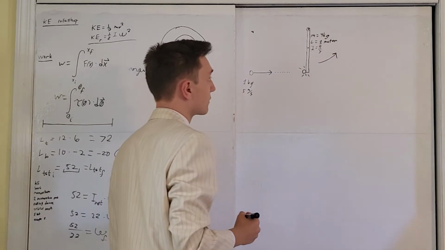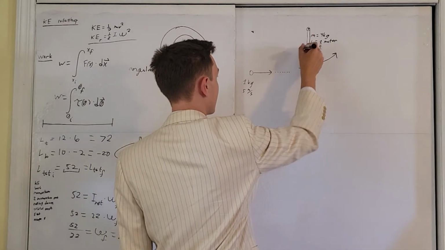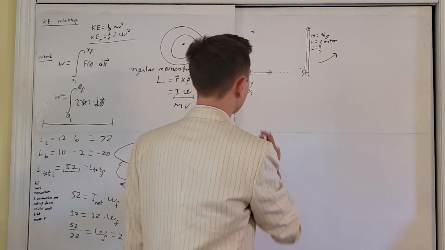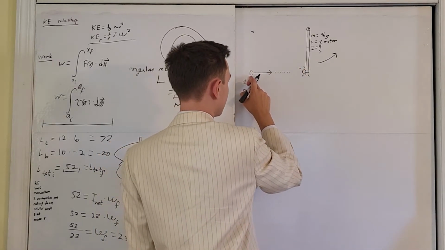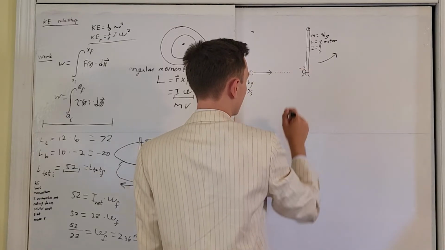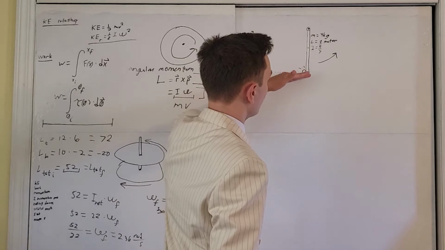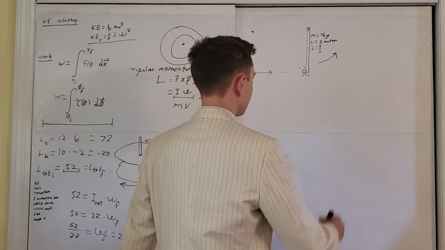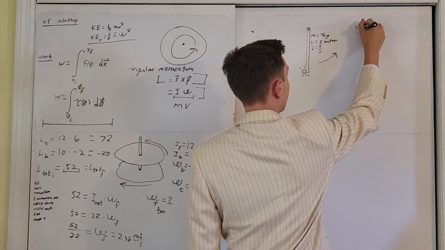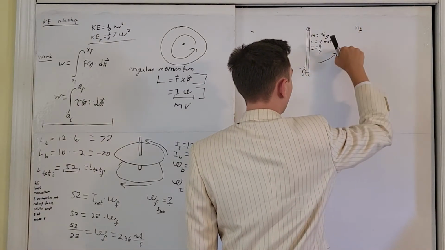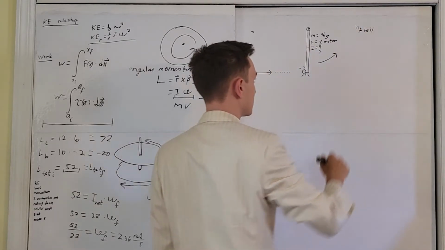You are given that it is a rod of uniform density, meaning that the center of mass of the rod is directly in the center, and that the rod is stationary, meaning that this small ball will collide with the rod right at the bottom, and as a result of that collision, the ball will swing upwards some amount. Your job here is to determine the final height h that the ball reaches at the top of its swing.